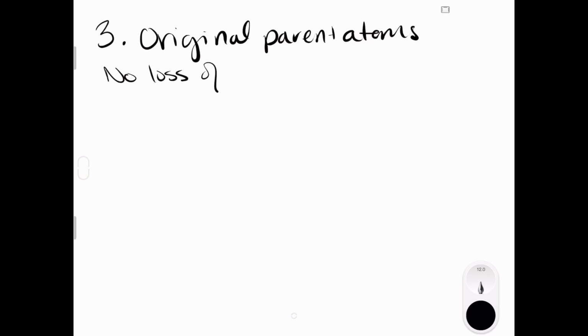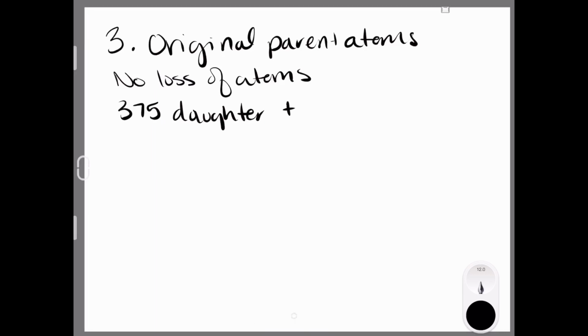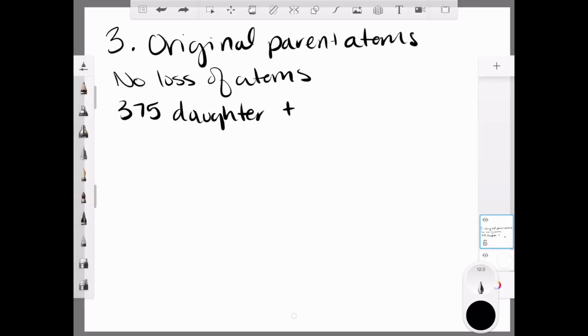So again, there's no loss of atoms here. So we are given 25 parent and 375 daughter atoms. So we'll write that down as well. Since there's no loss of atoms, all we're going to do is add them together.